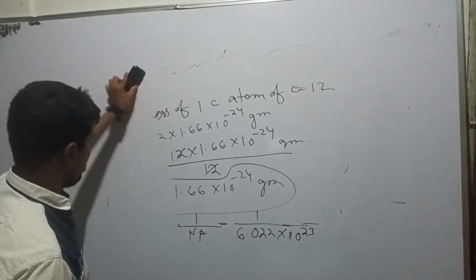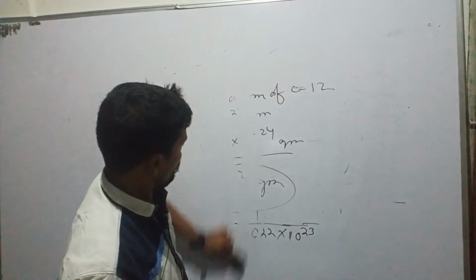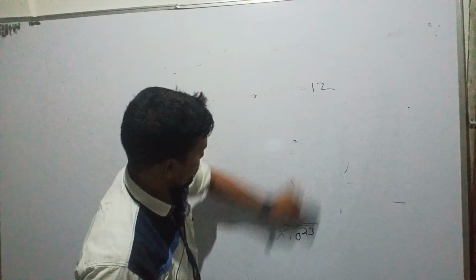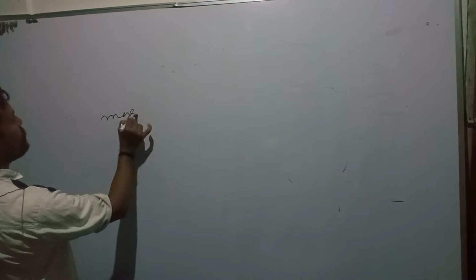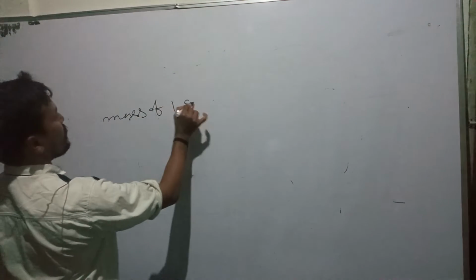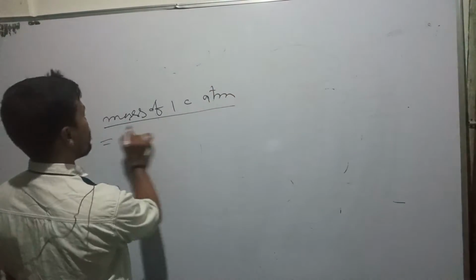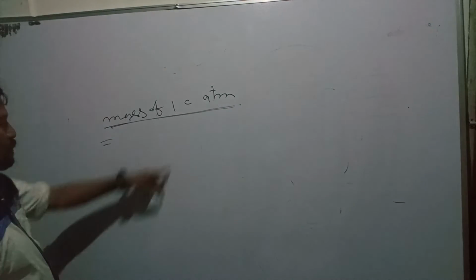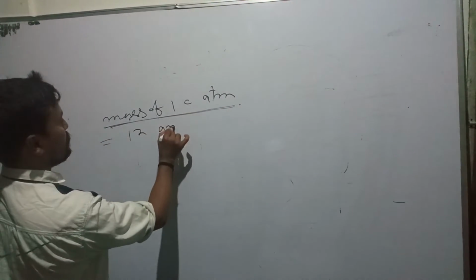Now we will discuss some questions here. What is the mass of one carbon atom? Atomic number of carbon is 6, therefore the mass is 12 AMU.